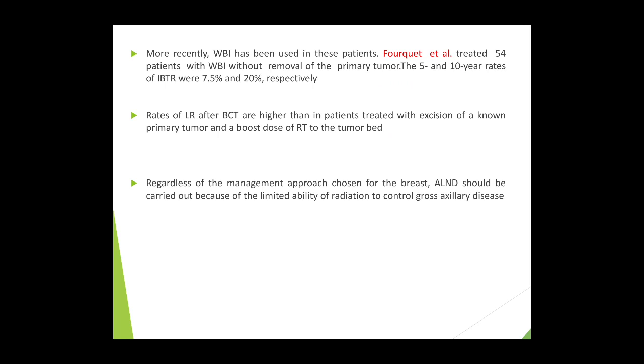The 5 and 10 year rates of ipsilateral breast tumor recurrence were 7.5 and 20% respectively. So there is a choice of whole breast radiation instead of mastectomy or surgery.